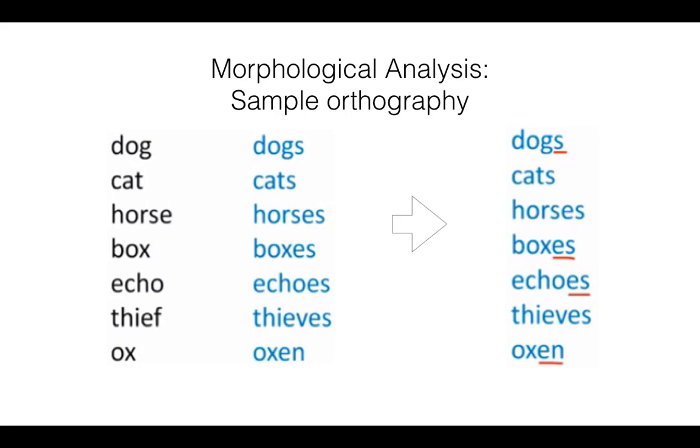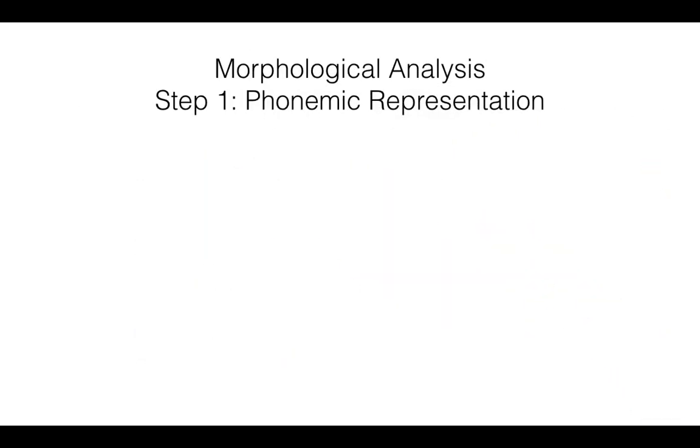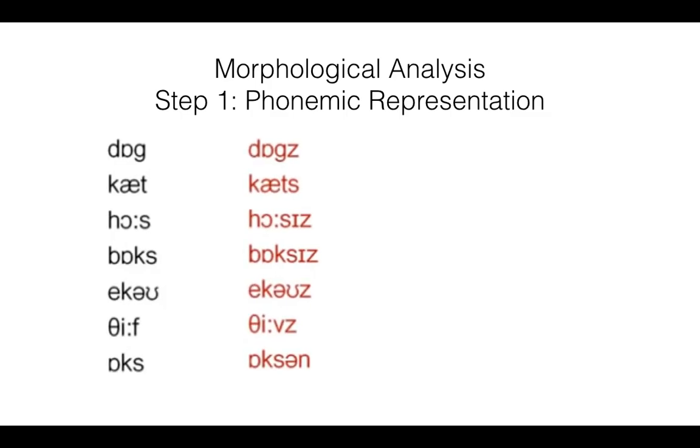We have to do the first step, as we have seen in previous slides: phonemic representation. Again, the same examples, but using phonetic transcription, in other words. This is what we have to do as a first step in our morphological analysis.